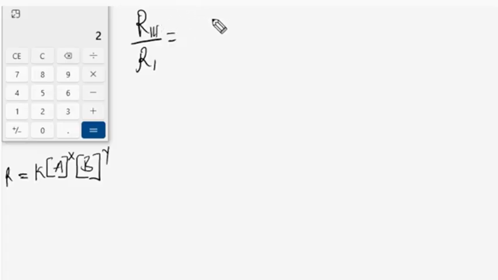So concentration of A with respect to the third reaction is 0.4. So this is to the power of x. And then for B, it's 0.2. So this will be to the power of y.